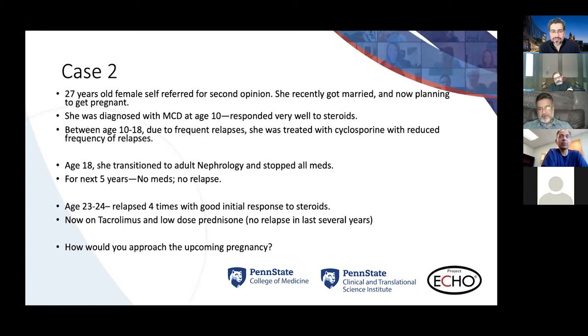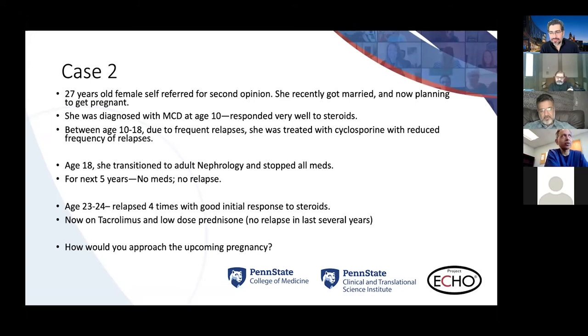I think, first of all, I'm happy that I'm not a nephrologist, so I don't have to take this decision. But my colleagues have experience with patients on steroids and on tacrolimus who went through healthy, full pregnancies without any problem.